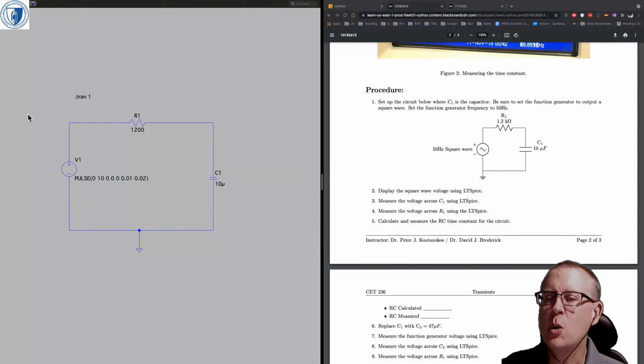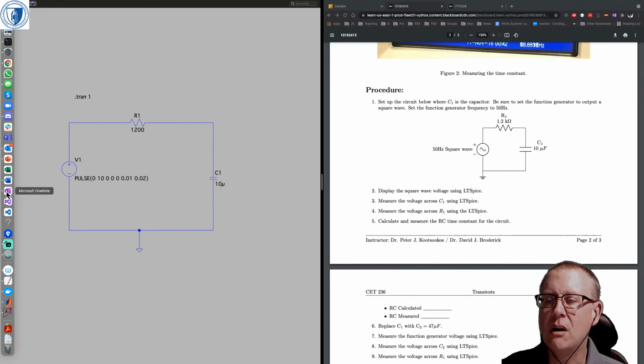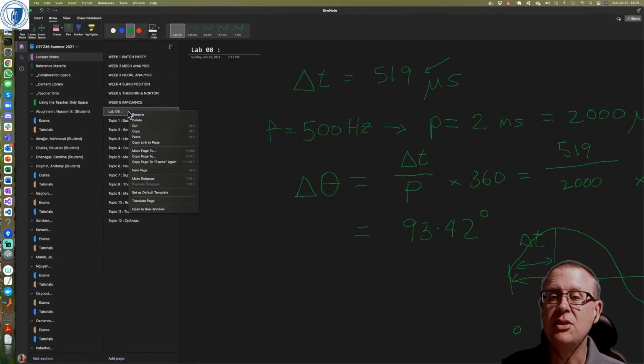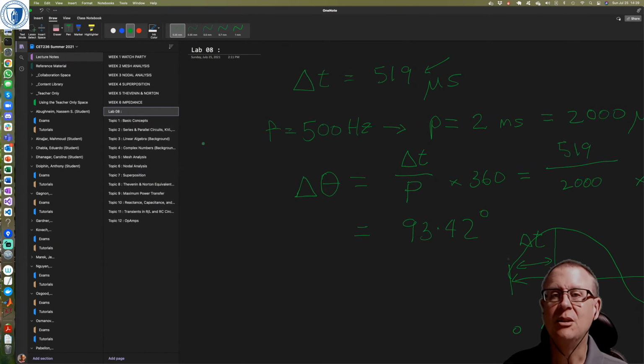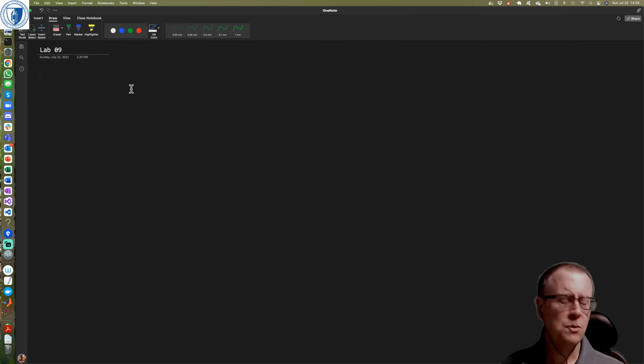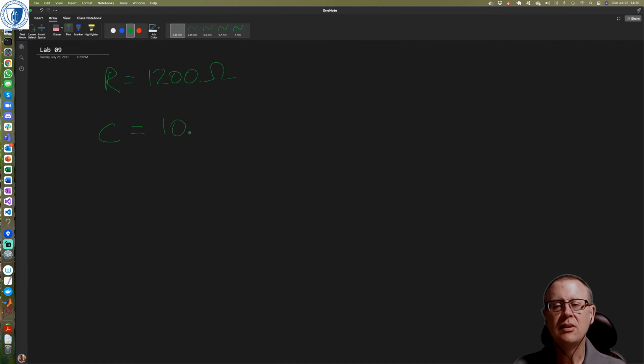So let's just have a quick look as to why that might be, and I'm going to put another page in here, and we'll do a lab 9. Right, so our resistor was 1200 ohms, our capacitor is 10 microfarads.